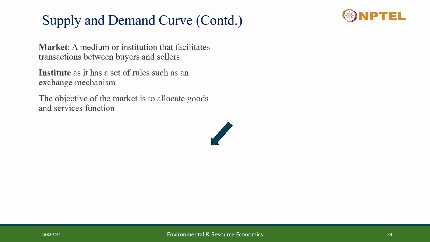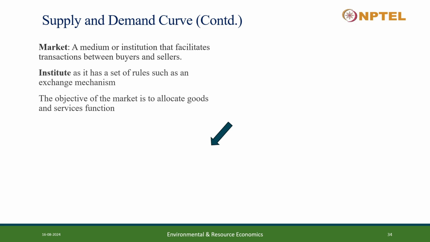So market can be physical, such as fish markets, vegetable markets, or any kind of shopping malls. However, market can be virtual, such as the electricity market, stock market, or real estate market, where you can do online transactions. So these are certain types of market.